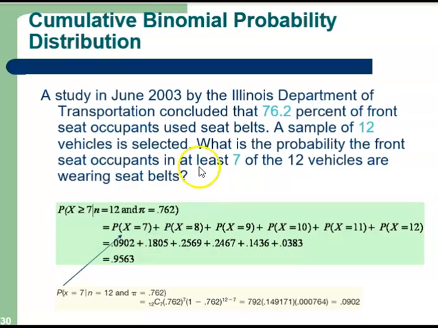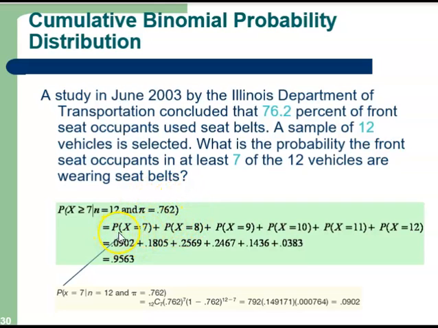So how do we solve this problem? We look at the problem this way: probability of x being at least 7, where the number of trials is 12. Probability of success here is 0.762. Success means they use seat belt, right?